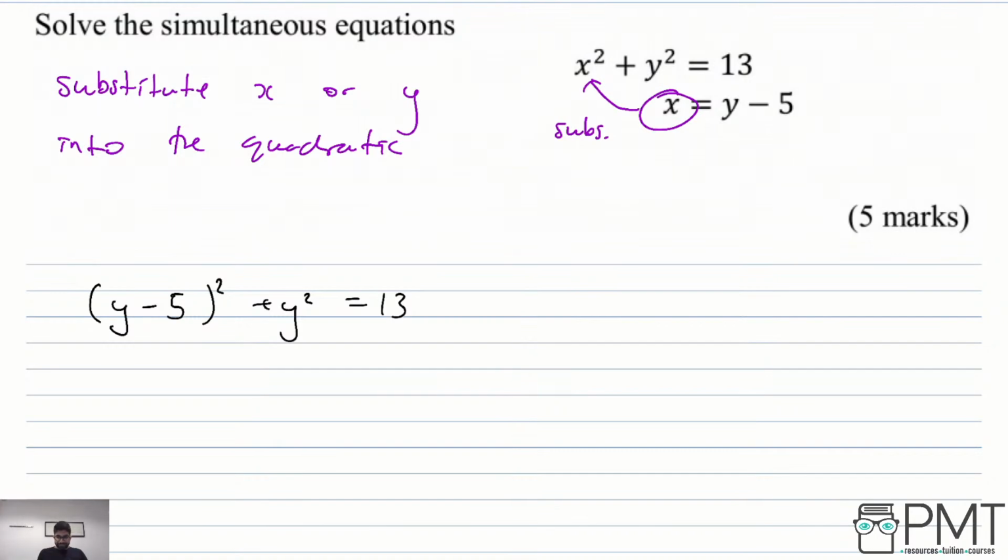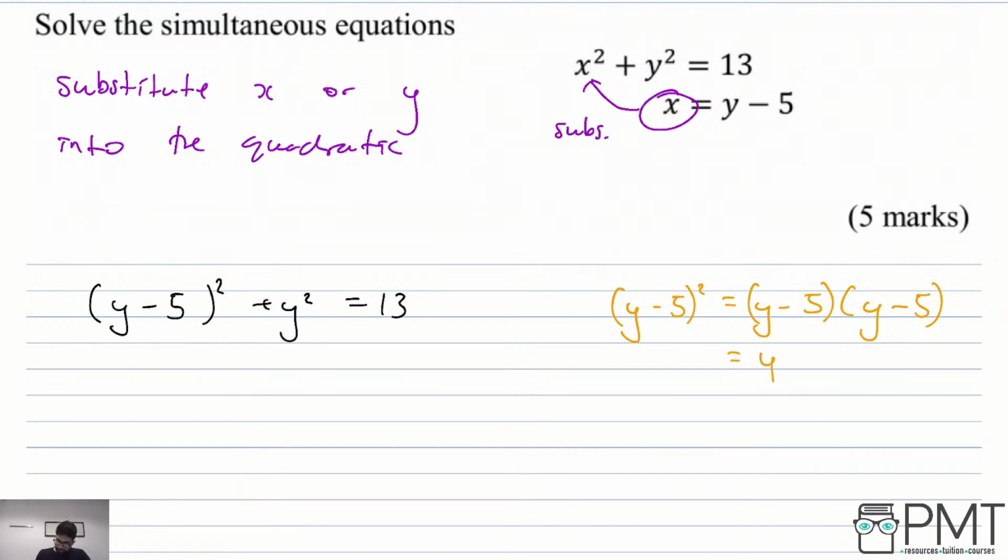How do I expand this? So this is, again, make sure you're familiar with how to expand brackets like that. So I'm going to do that on the side. So we have got y minus 5 squared. This is the same as y minus 5, y minus 5. So you can do this in a longer way, which is multiplying each term together.